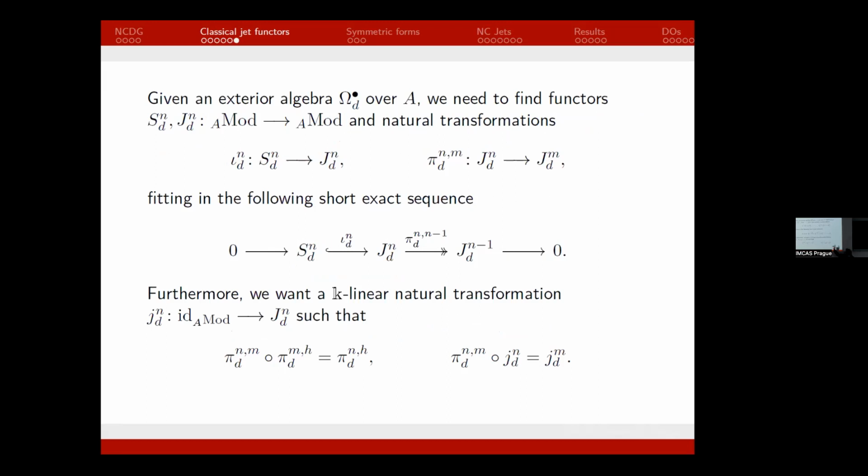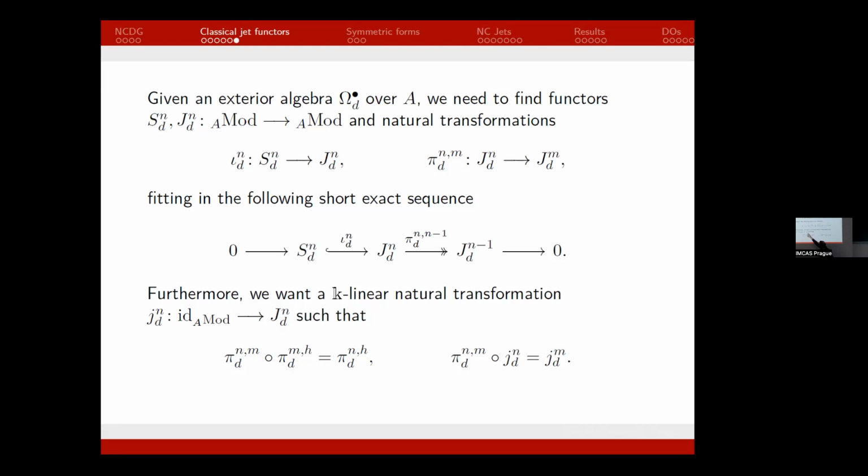We want a functor that generalizes the notion of symmetric form. We want a functor that generalizes the notion of jet, and we want them to fit in this short exact sequence. So we want inclusions of S^n into J^n, projection to the last component, and we want a family of prolongations, which must be k-linear, because as I said before, it's important that these are R-linear in the differential geometry case, and now R becomes k.